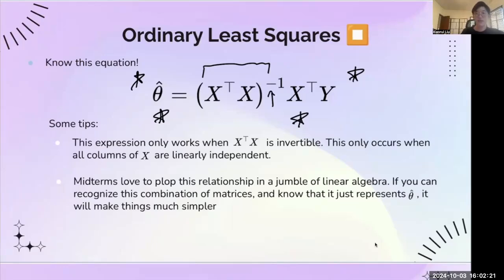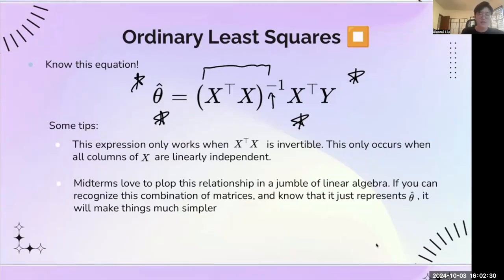Another thing to note is since this is pretty mathematically rigorous as compared to some of the more coding-based stuff, you might see some questions where some combination of variables are lumped into a linear algebra expression. Don't panic when you see that.